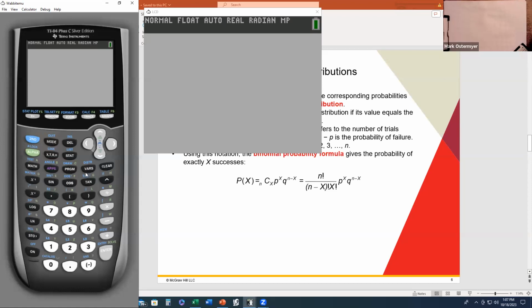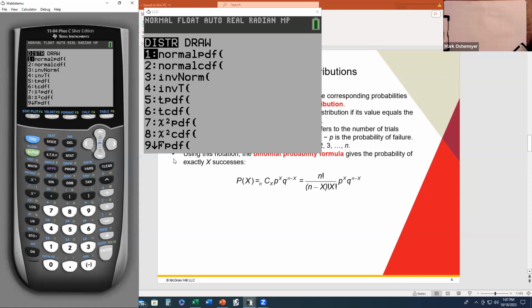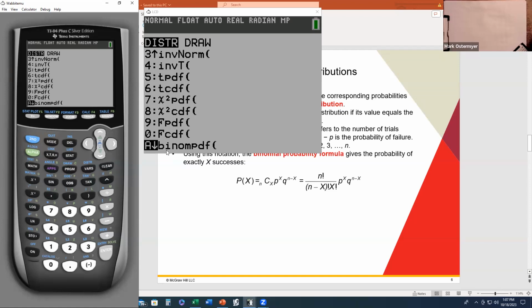Ladies and gentlemen, we got to go into our distribution mode. Above my VARS key, I see DISTR. That's short for probability distributions. So to access our distributions mode, we have to hit our blue second key first, followed by the VARS key. That takes me into my probability distribution mode. I'm going to scroll down until I run into this fabulous function called the binom PDF. And there it is. That's your binomial probability distribution function.